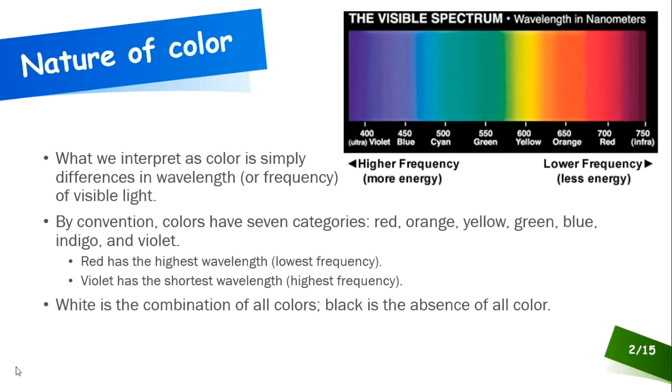White is the combination of all colors, and black is the absence of all color, which is actually kind of interesting. When you think about what these colors have represented throughout history, white is typically a color that represents purity.